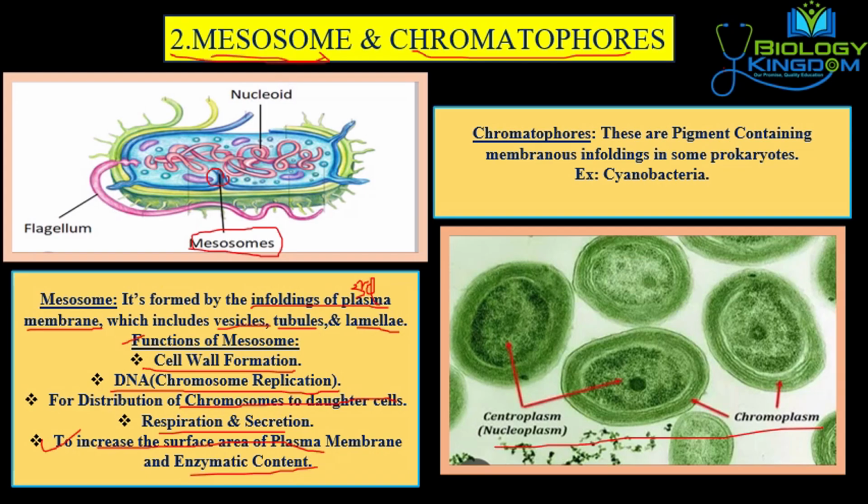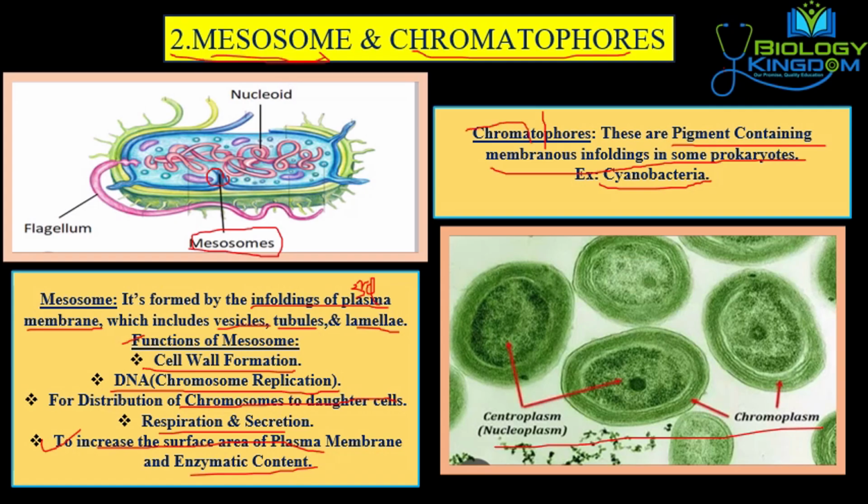Now moving on to chromatophores. The name itself indicates, if we break it into two parts, chroma relates to colors. These are pigment containing membranous infoldings in some prokaryotes. The best example for chromatophores is cyanobacteria.